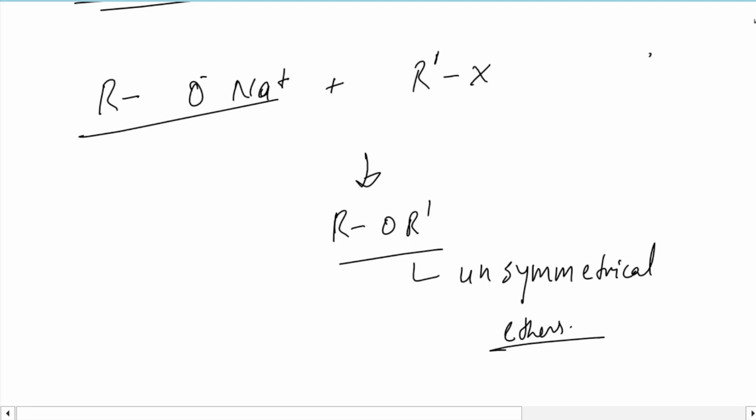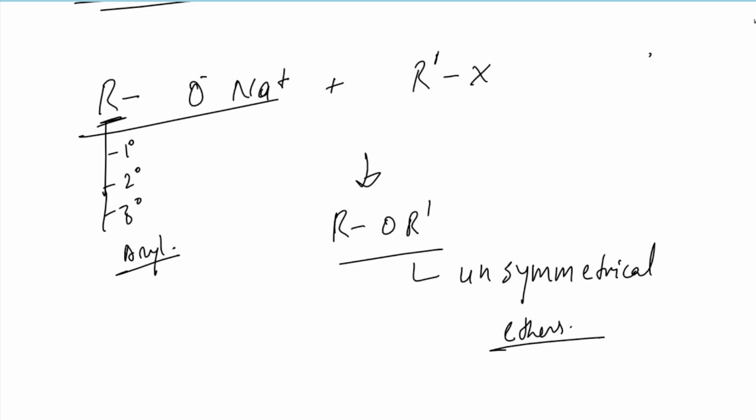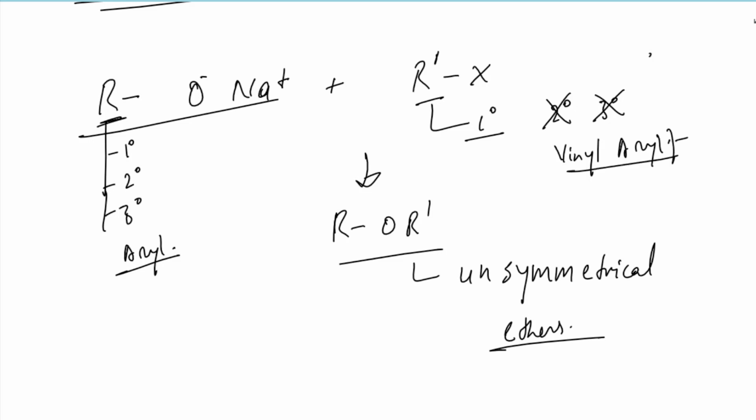And the R group here can be primary, secondary, or tertiary. It can be aryl also, but it must always be primary and must not have any partial double bond character. It cannot be secondary or tertiary, and it also cannot be vinyl or aryl because they have partial double bond character, which will not allow this bond to break and the reaction to occur.